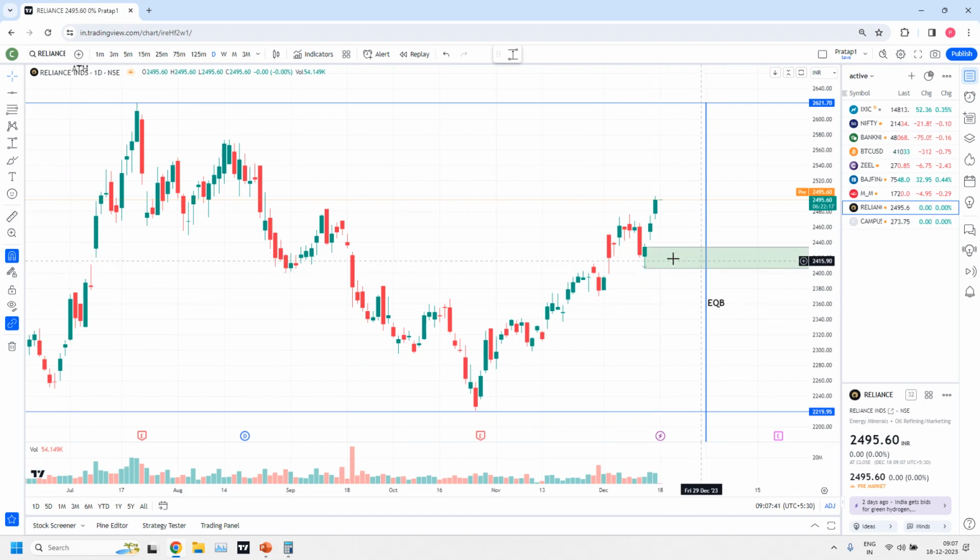We are not yet confirming this zone as a buying decision. Why are we not yet confirming? Because you need to learn a few more concepts. After learning them, you will get better reasons why we should or should not consider it. But for the time being, based on the concepts you have learned, we can consider it.